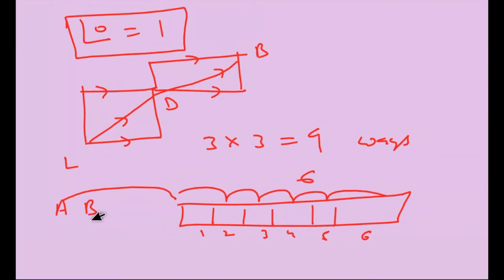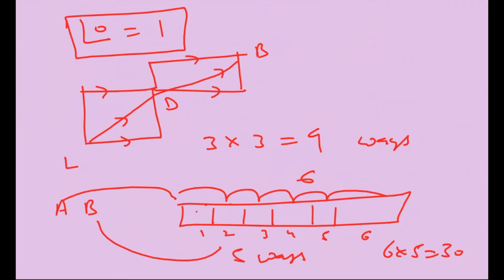And when B wants to sit, A can sit anywhere, then B has to choose from the 5 remaining ways. So total ways are 6 into 5 equal to 30 ways. So this way, by the tree method or by calculation, you can find out the permutations. Okay, sometimes you use the theory, sometimes you can use the formula.